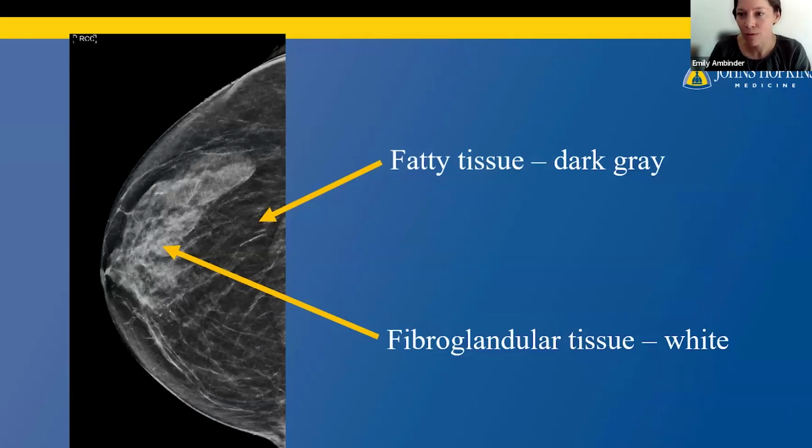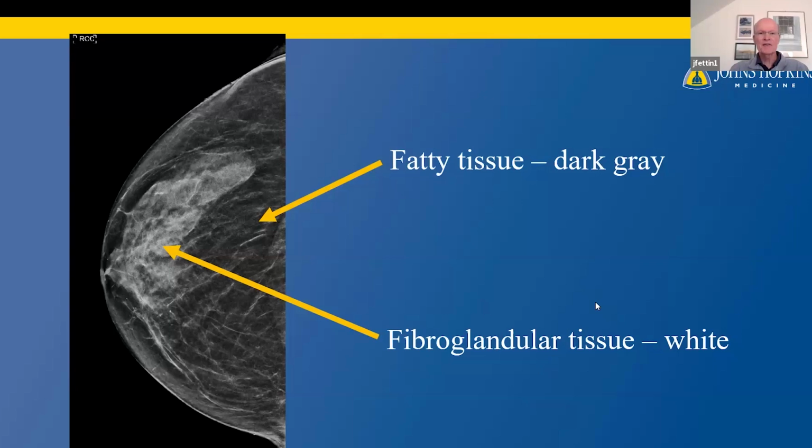So on a mammogram, we have the fatty tissue, which looks dark gray, and I have this arrow pointing at it. And then the fibroglandular tissue, we see kind of all together, and that looks white on a mammogram. So you can see that the breast has a mix of that dark color and the light color, and those are the two elements that make up the breast tissue.